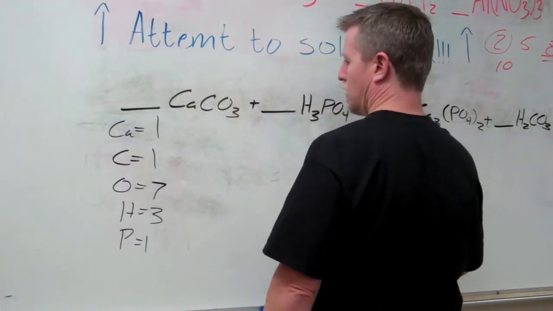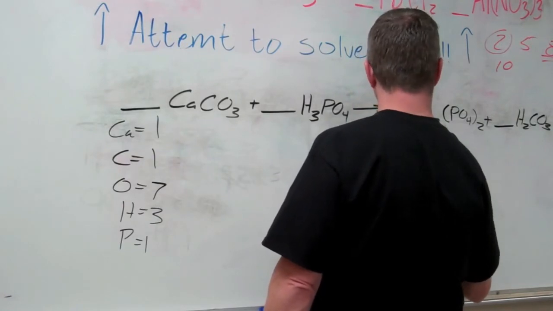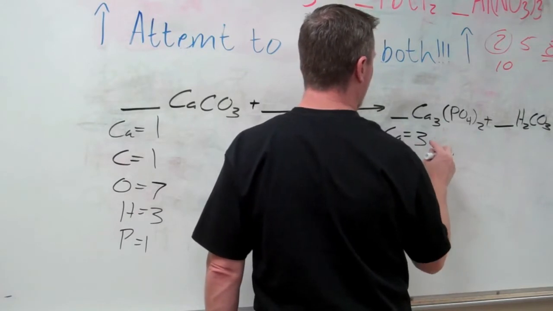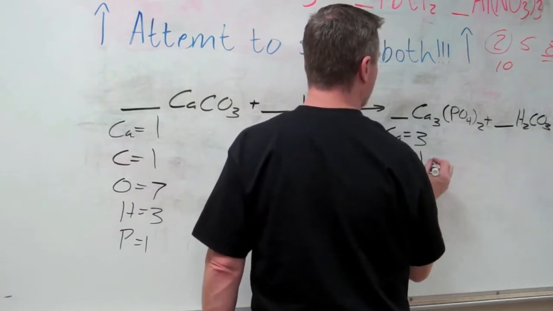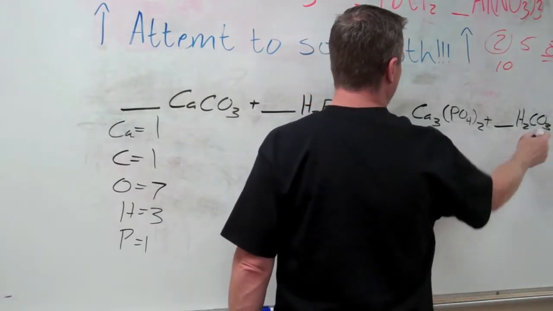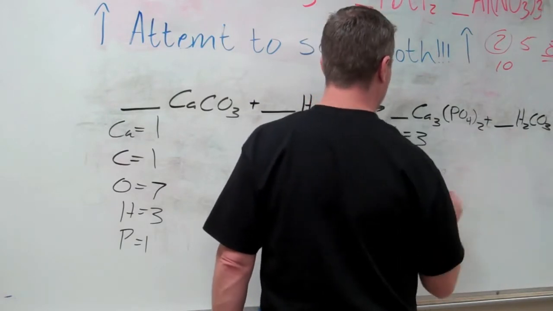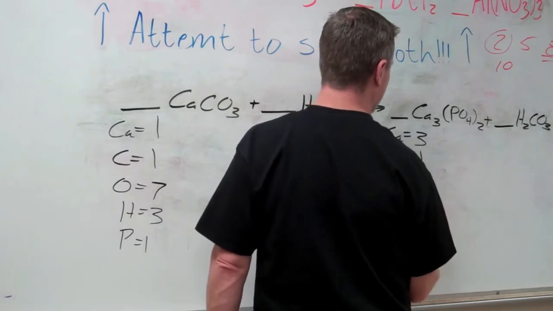Ca, C, O, H, P. Okay, 3 of those. Yes. Carbons, how many? 1 there. Oxygens. 11. Good. 4 times 2 is 8, plus that 3. Okay, hydrogens. 2. Phosphorus. 2. Good, because of that 2 there.